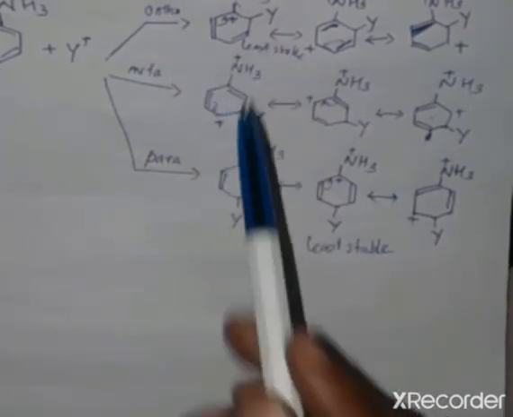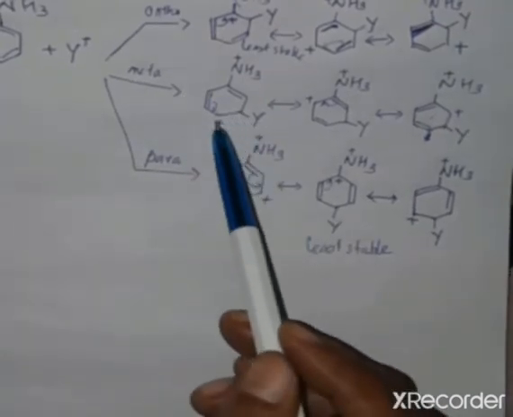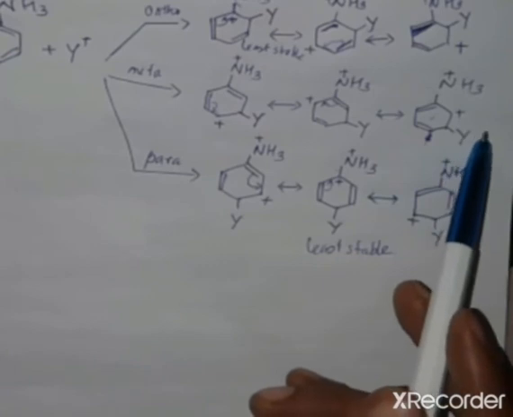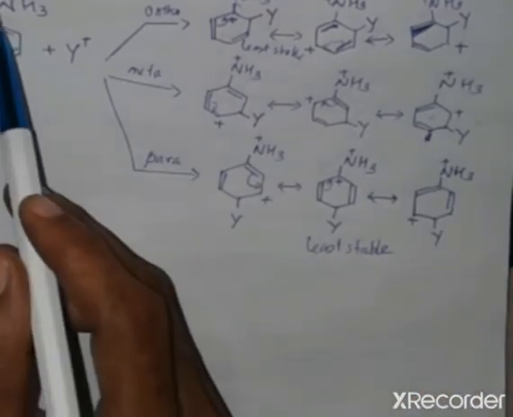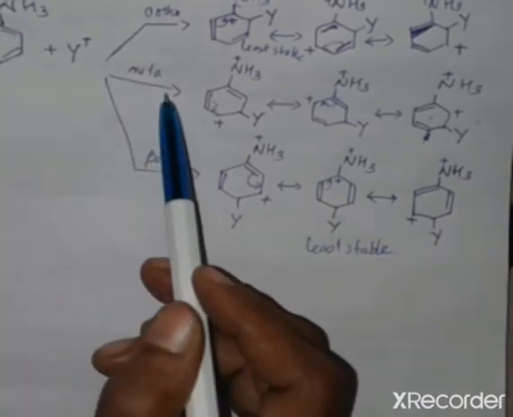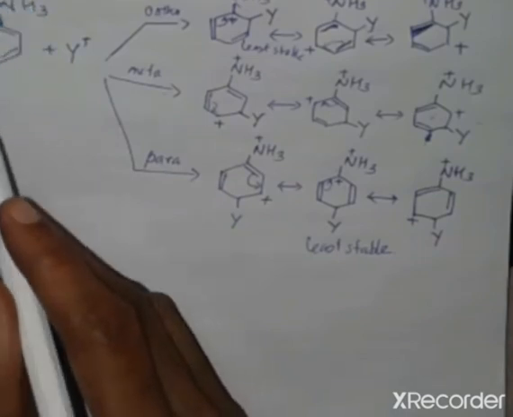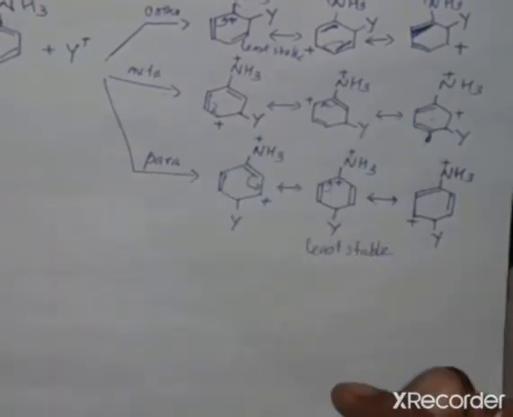Compared to the carbocations formed by the ortho and para attack, the carbocation formed by the meta attack is more stable and it is easy to form. So this electron withdrawing group directs, and from this compound we can get a meta substituted product.